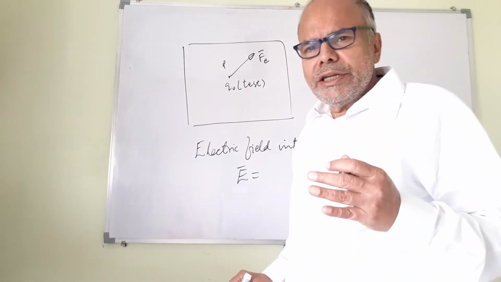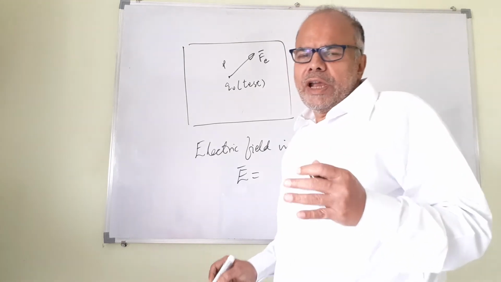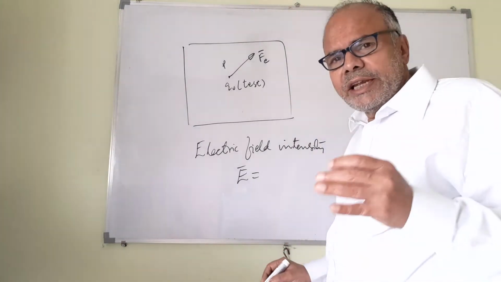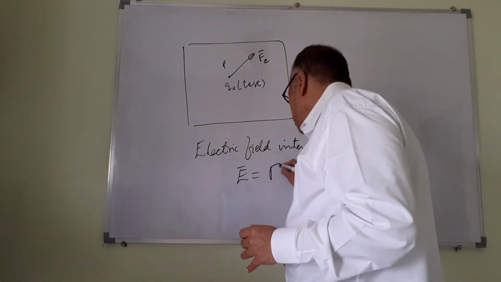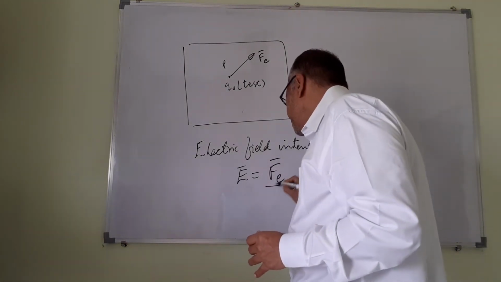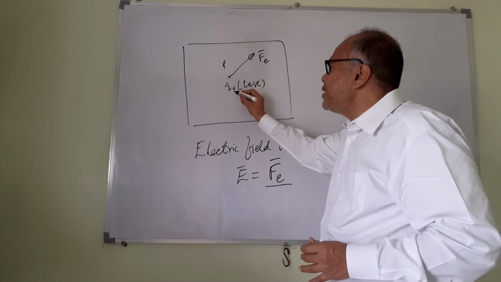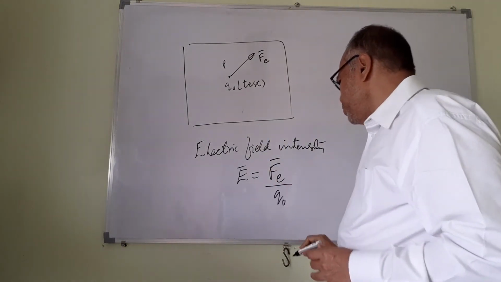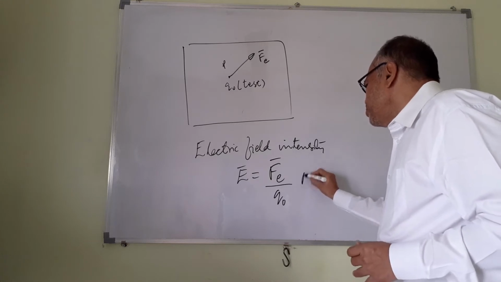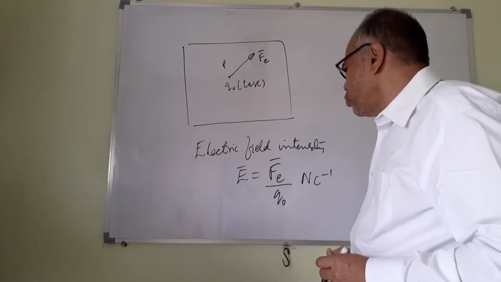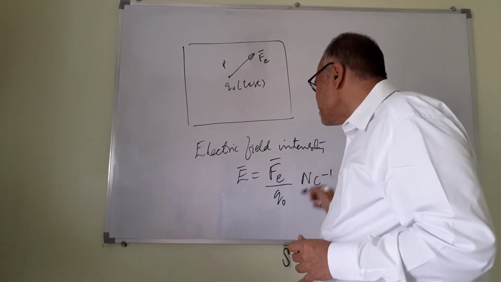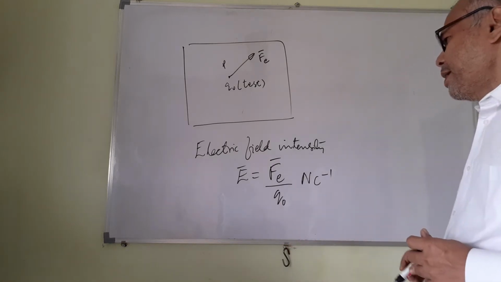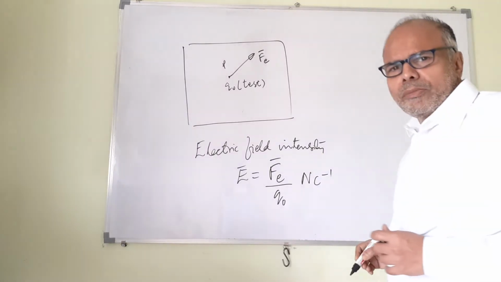The electric field intensity at a point is defined as the force experienced by a unit test charge placed at that point. So, we are placing a small test charge Q naught, and we need force per unit coulomb, so F by Q naught. So, this will be Newton per coulomb. That is the electric field intensity at any given point.